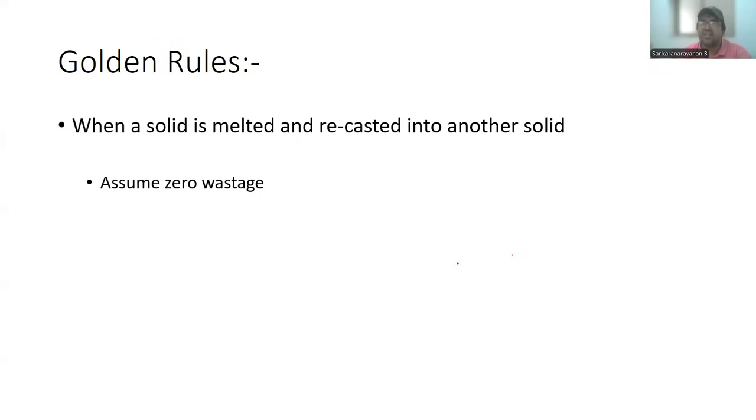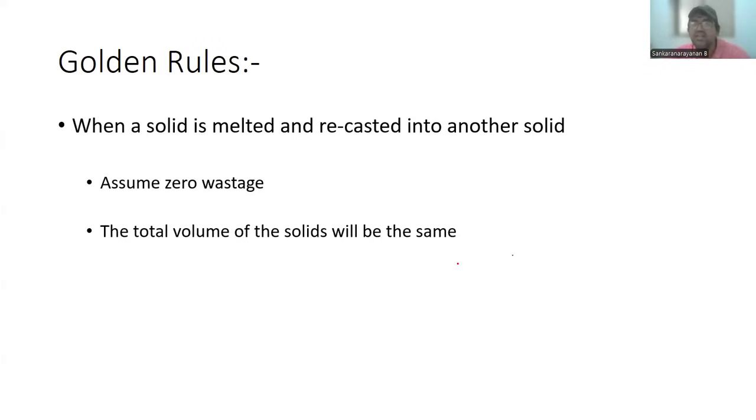And thus they make all these bronze idols. So there you are melting and casting it into another solid. So for those types, you are assuming that there is no wastage. The total volume of the solids is going to remain the same. That is another assumption that we always have while dealing with questions where a solid is melted and recasted into another solid. So that concept, please keep in mind.